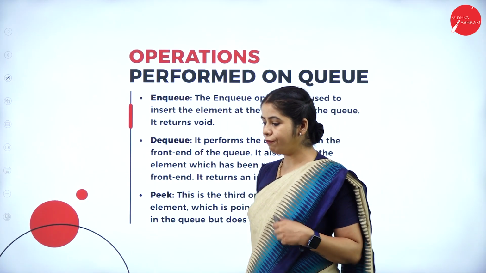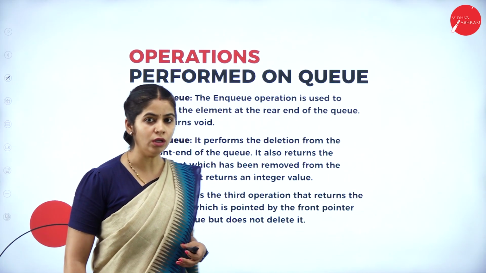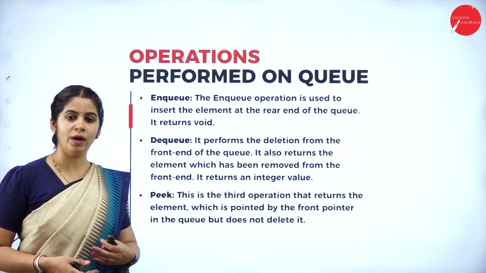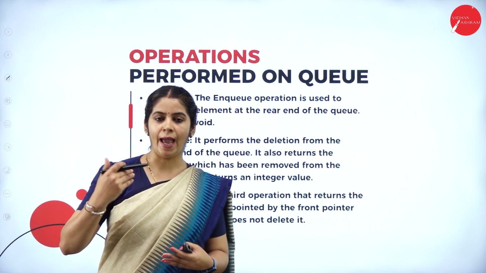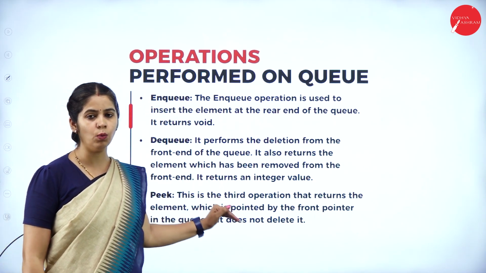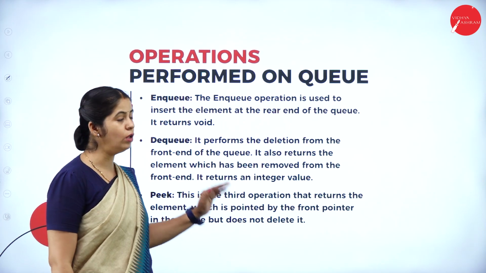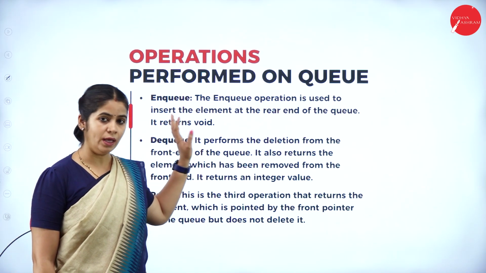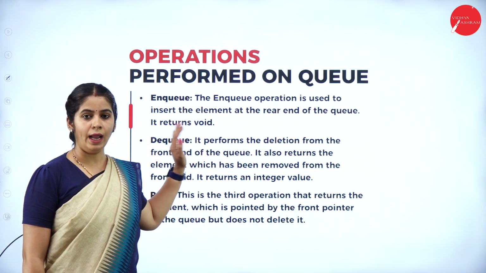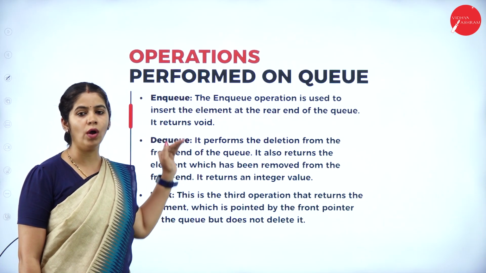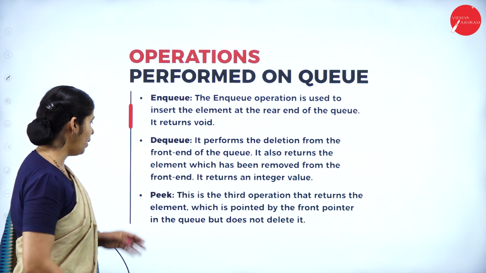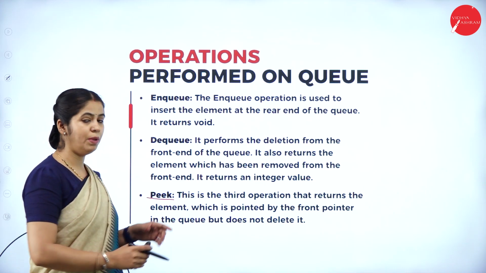Let us see what different operations we have on the queue. As we have different operations on arrays and stacks, let us see the operations we have on a queue. Similarly, insertion, deletion, and we have overflow and underflow conditions, and apart from that we have the peek operation.